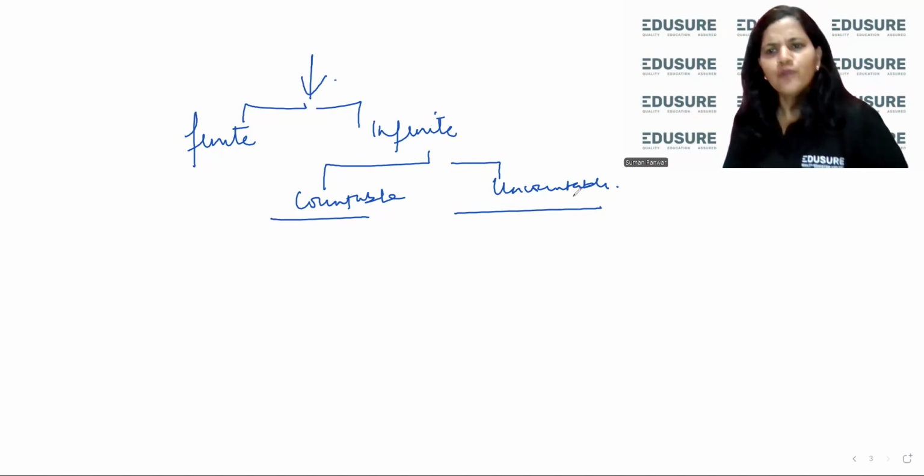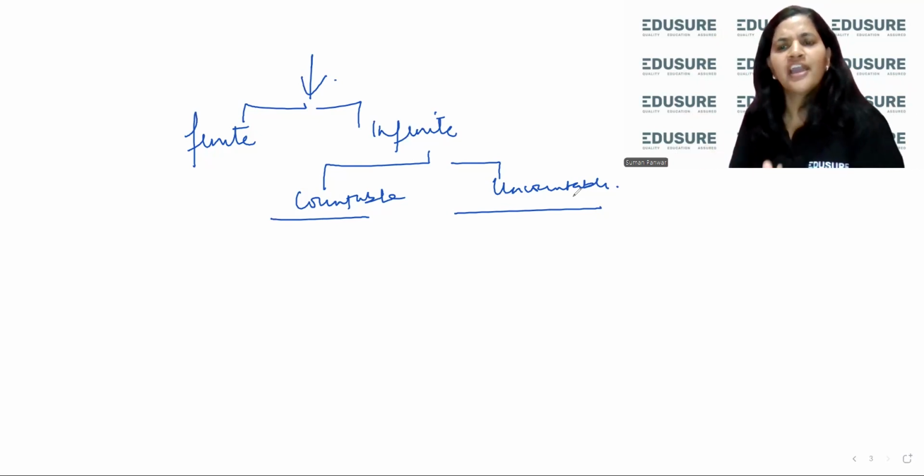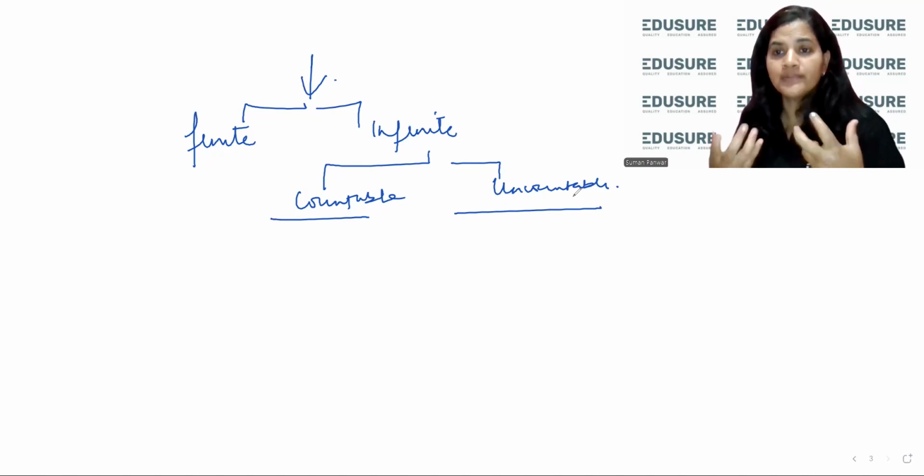You will say, how foolish can we be? How can we spend our entire life counting the number of stars in the sky? The difference is countable and uncountable. They are infinite, but they can be counted. But there are things which are infinite, but they cannot be counted. So that is the basic difference between a countable and an uncountable set.